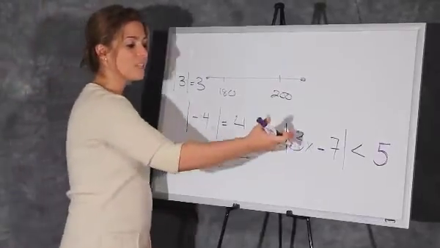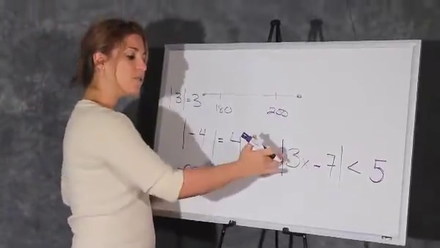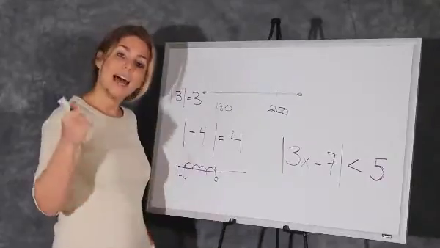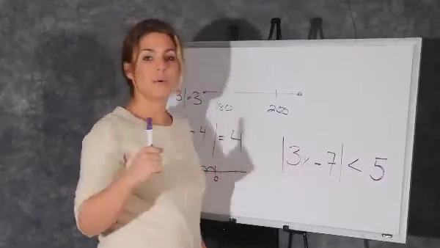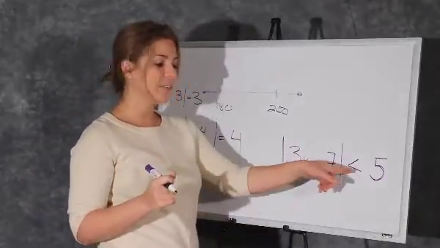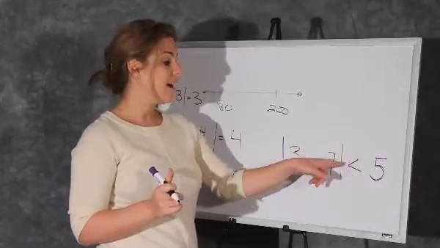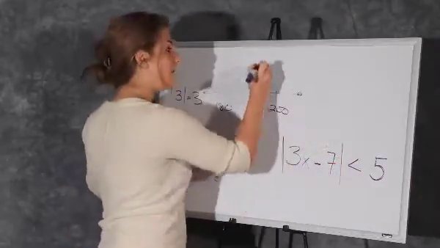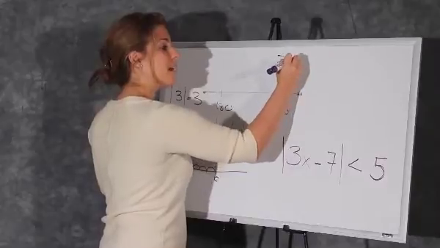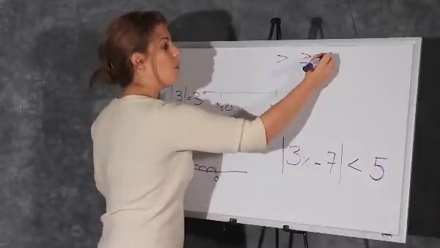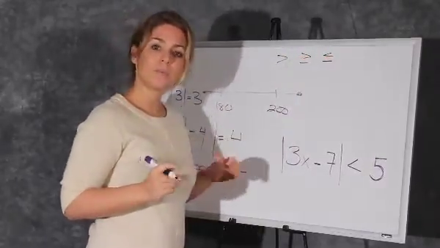In this case, we see absolute value with an equation, and it happens to be an inequality equation, which just means that instead of an equal sign, we have a less than. We could also have a greater than, or a greater than or equal to, or a less than or equal to.